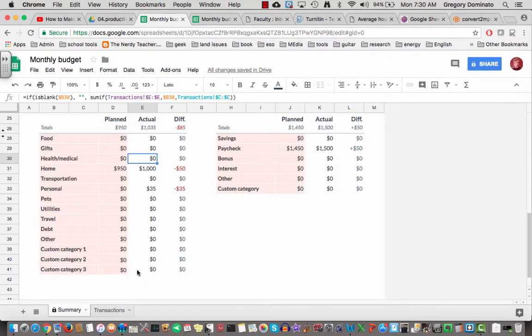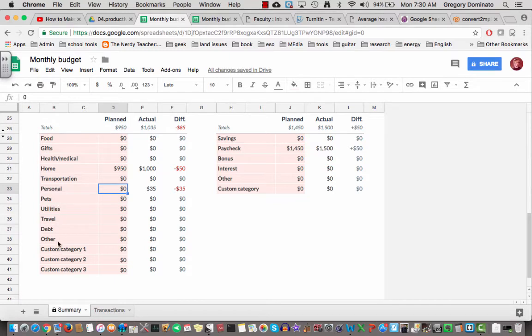When I come back to the summary page, you'll see that I had not planned to spend any money, and now I'm further down $35, but really what this is telling me is that I need to do my planning first before I start tracking actual expenses.